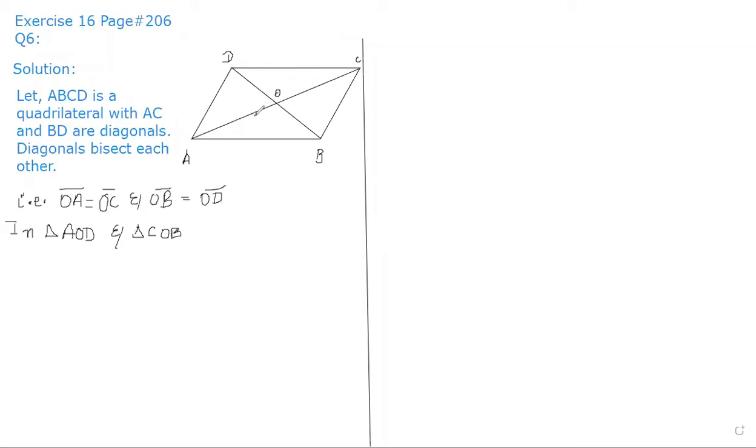AOD means I am talking about this one, and COB means C, O and B, I am talking about this one. So first we will consider these 2 triangles. So let's solve these triangles. What do you see? In these triangles, OA is equal to OC.